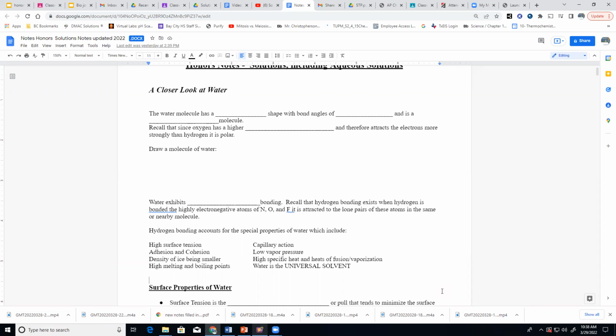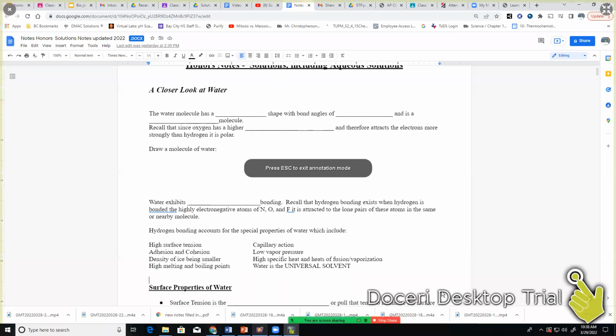All right, so we're going to start off with a closer look at water, because water is considered the universal solvent. And a lot of what we covered today, talking about water, I think y'all covered back in biology too. So the water molecule is said to have a bent shape, which gives it bond angles of 104 degrees.